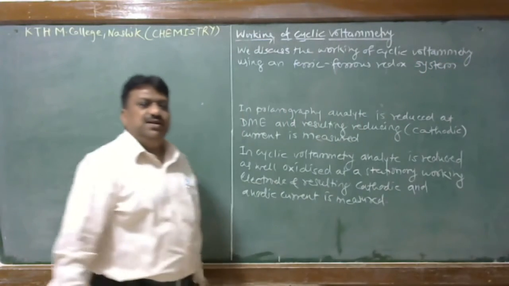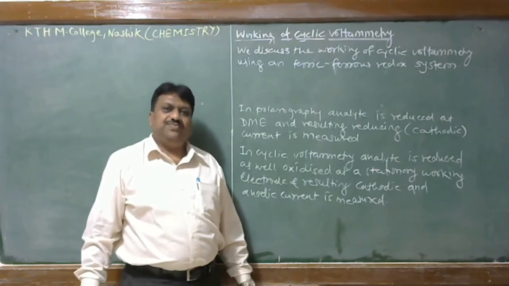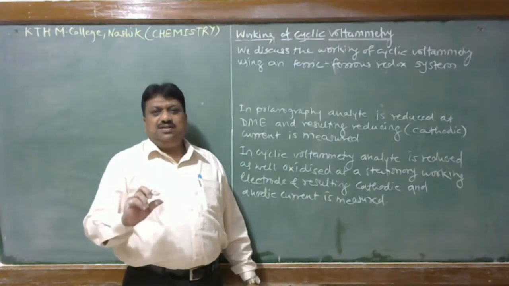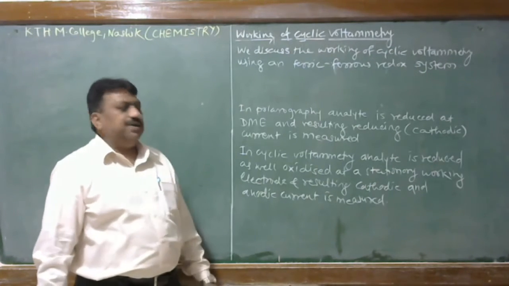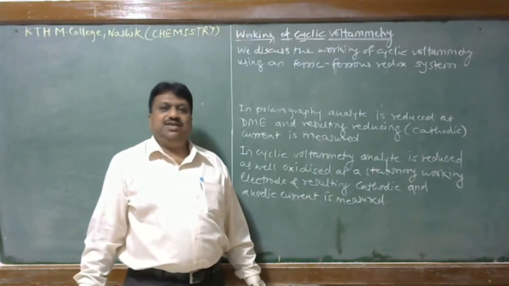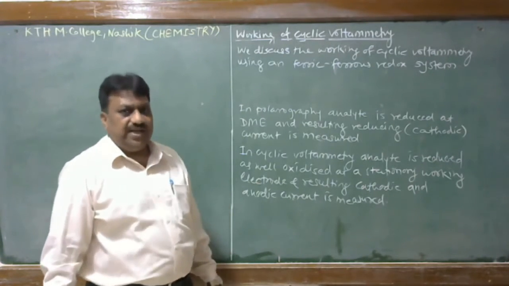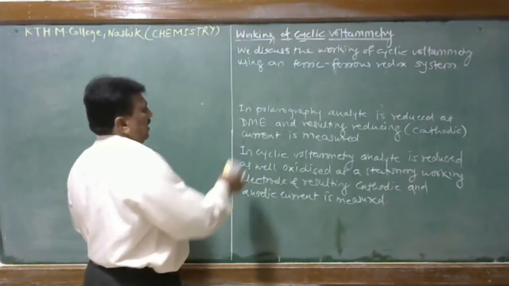That means here Fe3 plus is a ferric ion and Fe2 plus is ferrous ion. We can discuss the working of cyclic voltammetry with reference to conversion of ferric ion to ferrous ion and conversion of ferrous ion to ferric ion, that is a ferric ferrous redox system.